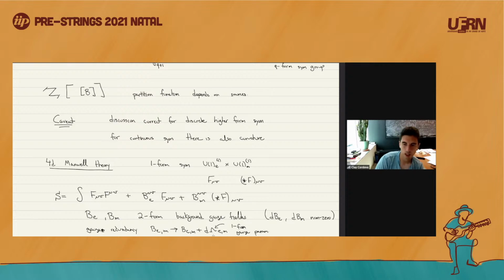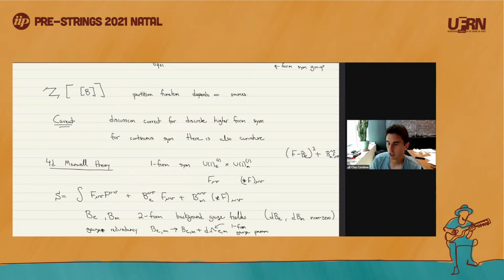So, if you like, what I should have written is minus BE squared plus BM times mu nu times F mu nu. So the difference between this and this is just a BE squared term, which I omitted on purpose because it's a little bit confusing to explain.